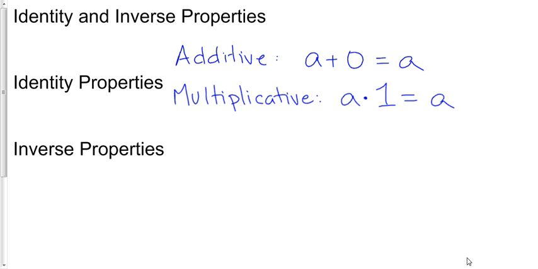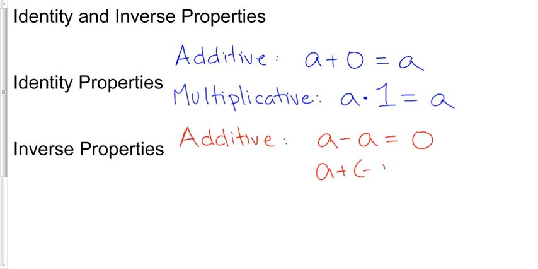There's also the inverse properties, and then once again we have the additive inverse and the multiplicative inverse. The additive inverse says that if we subtract something from itself, it equals 0. What that really means, why it's called the additive inverse, even though it looks like subtraction, is that we are adding the opposite sign. So we're really doing a plus negative a equals 0.